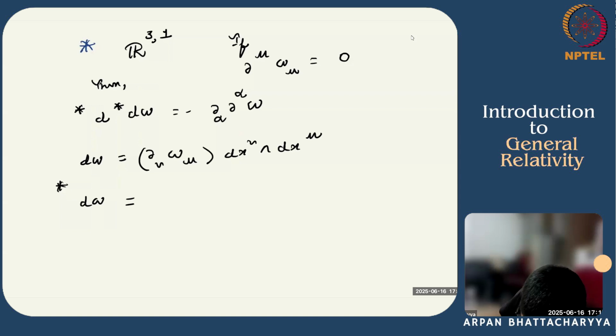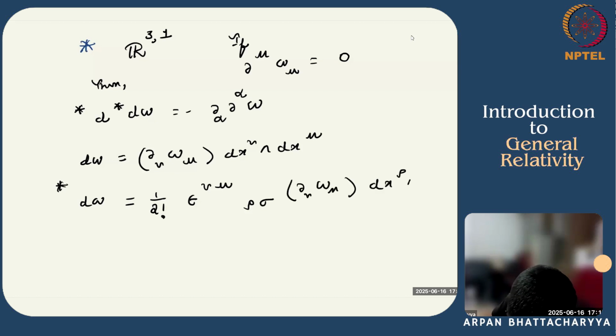It will be of the form something like this, epsilon mu rho sigma, and then you have to take d and star again, but that will give you another epsilon.